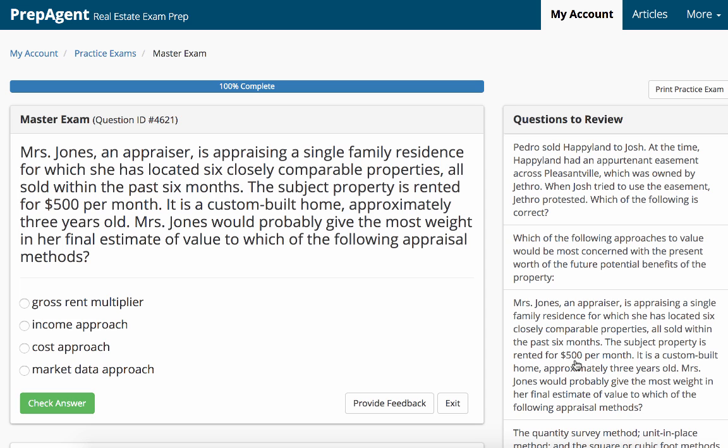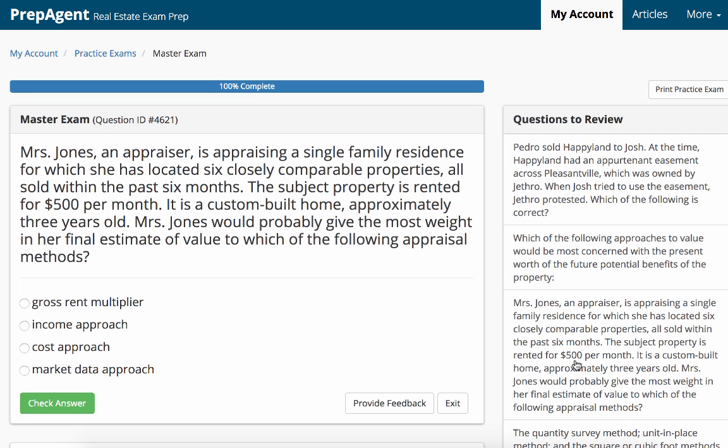Mrs. Jones, an appraiser, is appraising a single-family residence for which she has located 6 closely comparable properties sold within the past 6 months. The subject property is rented for $500 per month. It is a custom-built home, approximately 3 years old. Mrs. Jones would probably give the most weight in her final estimate of value to which of the following appraisal methods?